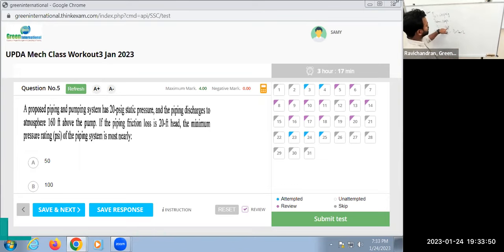So either convert this head to psi, or they are asking in psi, right? So you have to convert all this head to psi.